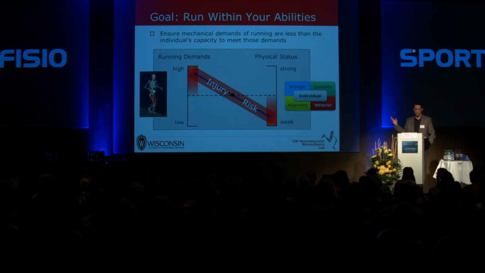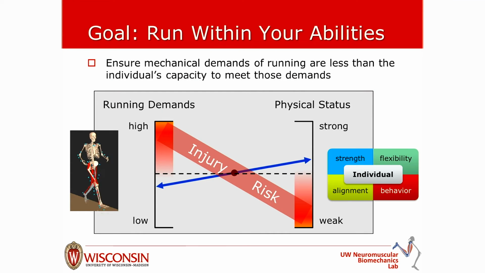What we often see in our injury clinics is people who match this area, where they run hard, and they also have many different types of weaknesses or alignment issues. So our goal is to see if we can change both sides of the scale at the same time: improve their strength while also reducing the loads that they experience when they run.